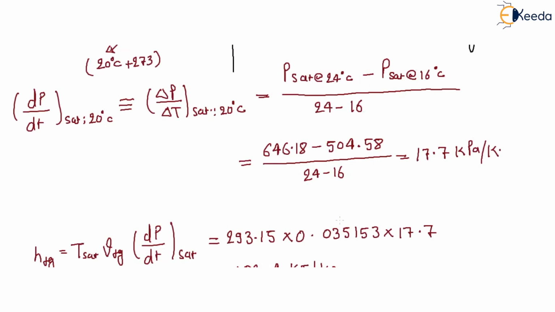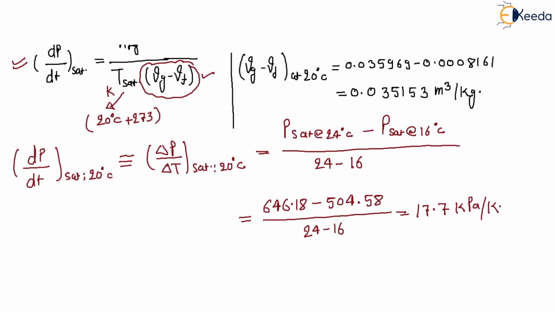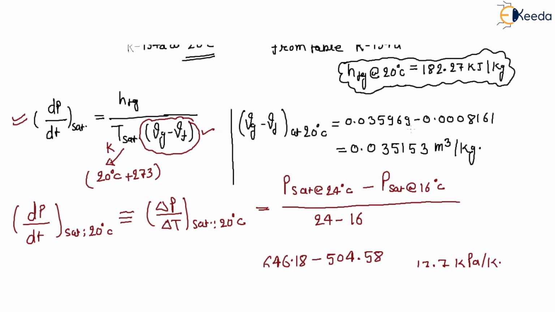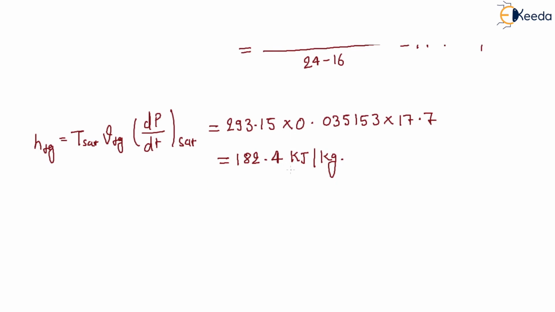And the calculation from the table is approximately 182.3. So the tabulated value of HFG at 20 degrees centigrade is 182.27 kilojoule per kg.